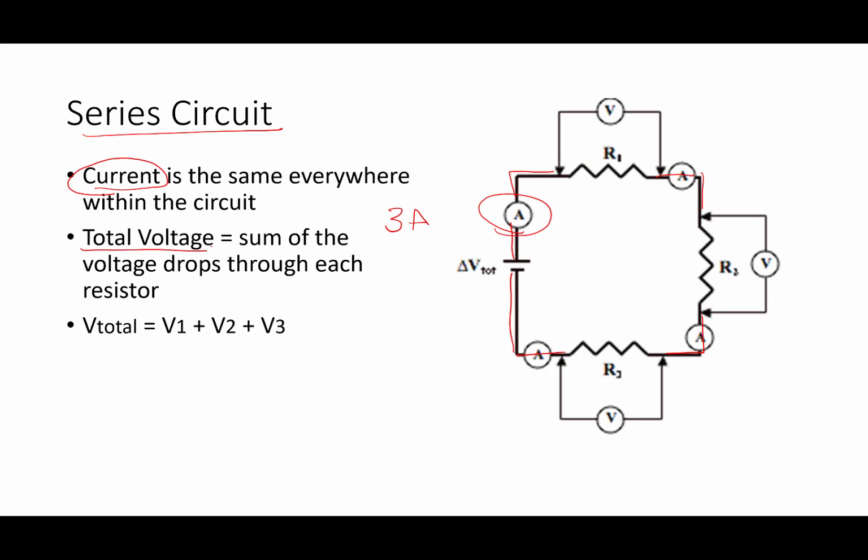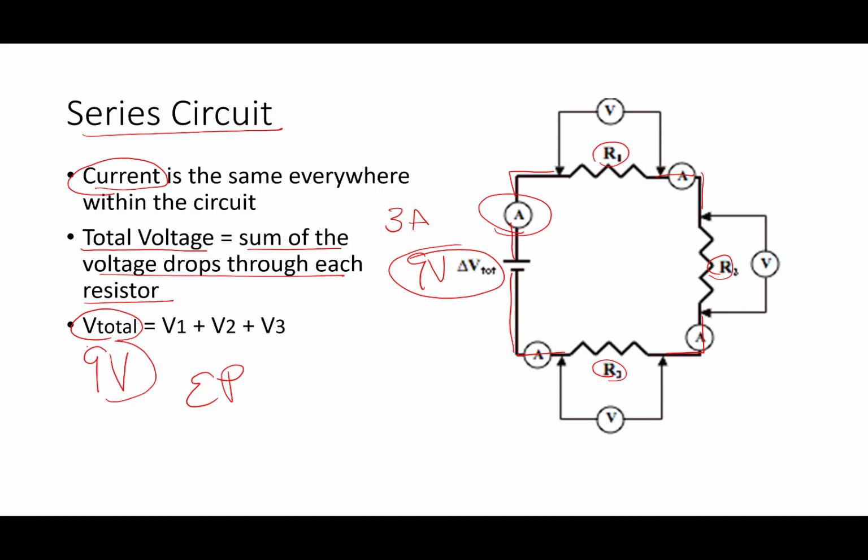But the total voltage is going to be the sum of the voltage drops through each resistor. Let's say you had a total of 9 volts, a 9-volt power supply or battery powering your circuit, and each one of these resistors was equivalent. Remember, this is electrical potential. It's kind of like energy you've got to spend. So you've got 9 volts.